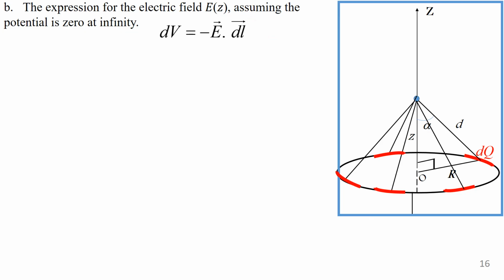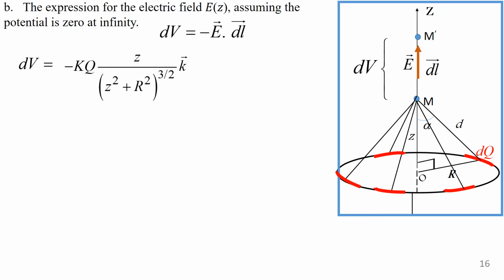Pay attention here: dl has nothing to do with the circumference of the ring. dl here is the displacement from a point M to a point M prime. And if there exists a field between these 2 points, there will systematically exist a difference of potential dV between these 2 points.